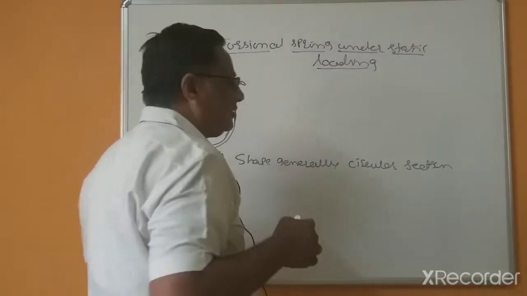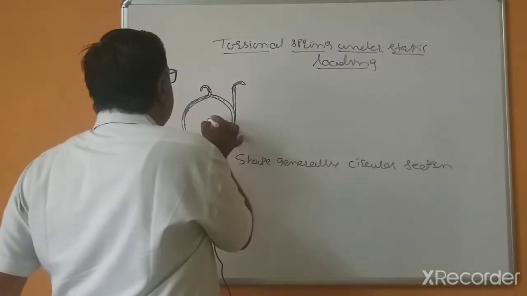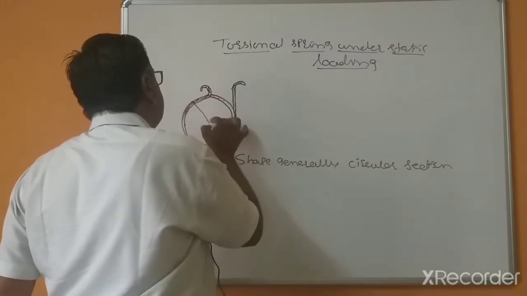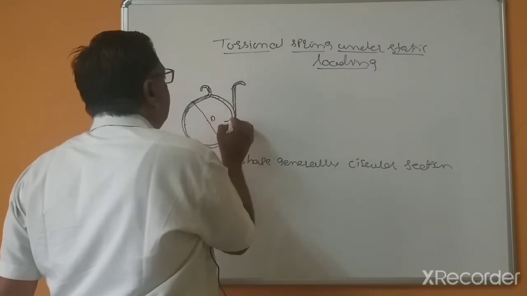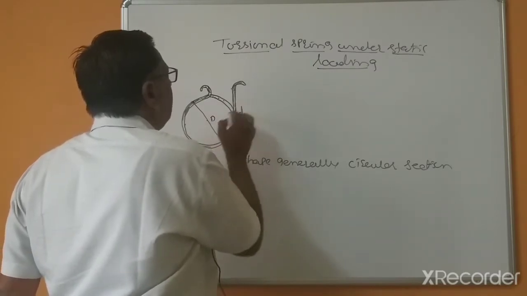Suppose this is the front view, and this is the mean diameter, meaning the average diameter, and small d is the wire diameter.